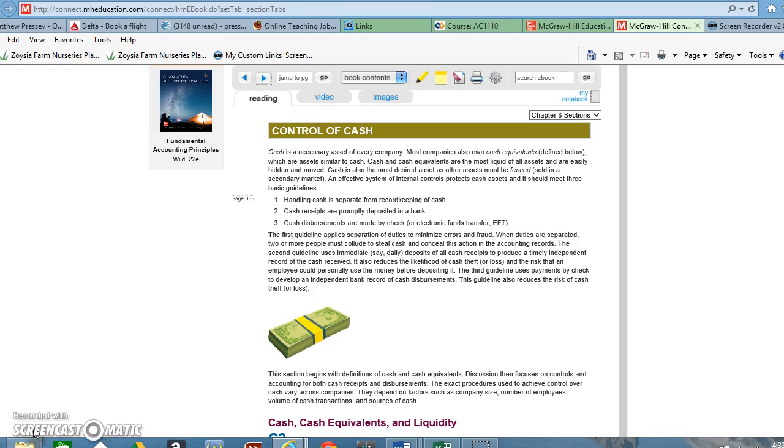Once the authors have laid out the groundwork of internal control, we move into control of cash on page 334 and into 335. Cash is the most liquid asset that a company is going to have, and it's the most likely to be stolen or taken. So cash control is very important for a business.